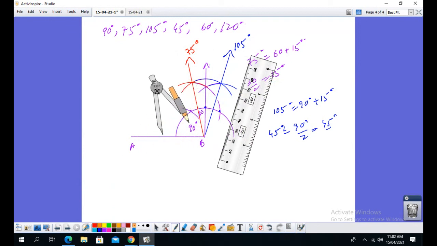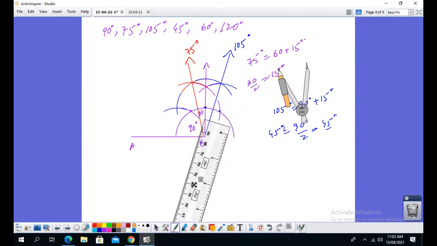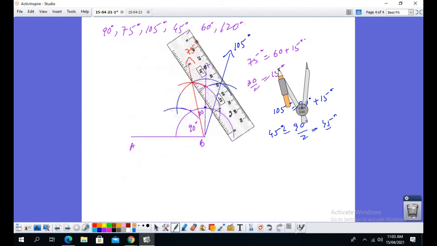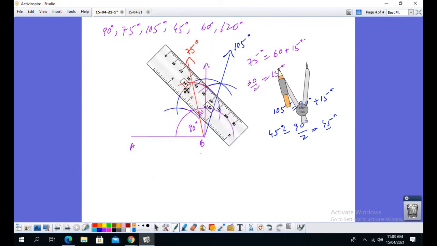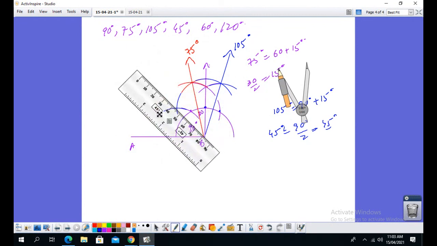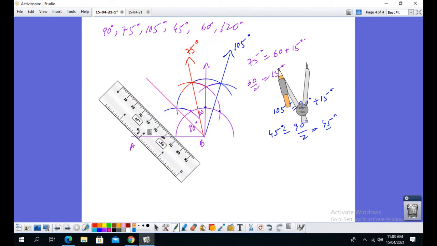So for bisection of 90 degree we have to place needle at 0 degree and draw arc, and then we replace at 90 degree and we draw another arc, and when we join this, this is of 45 degree.